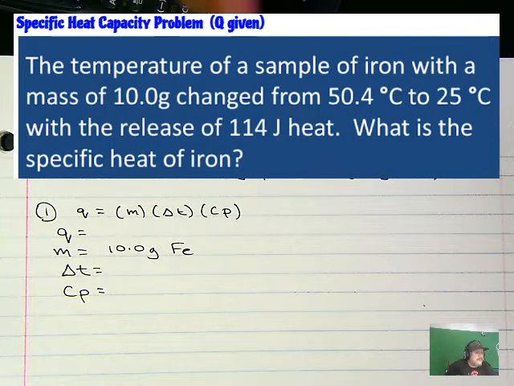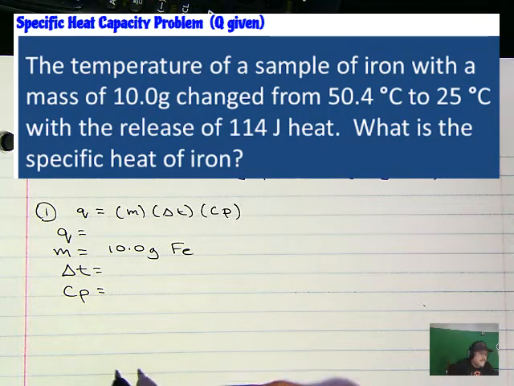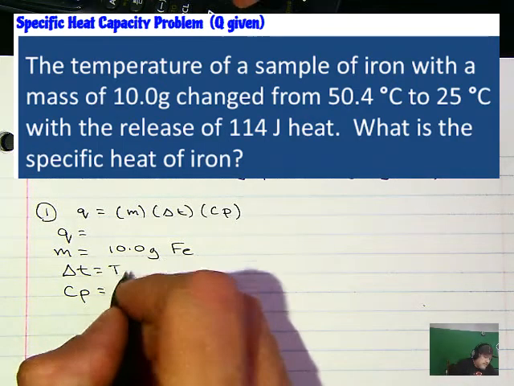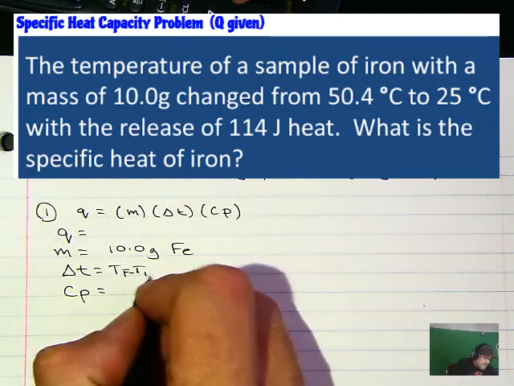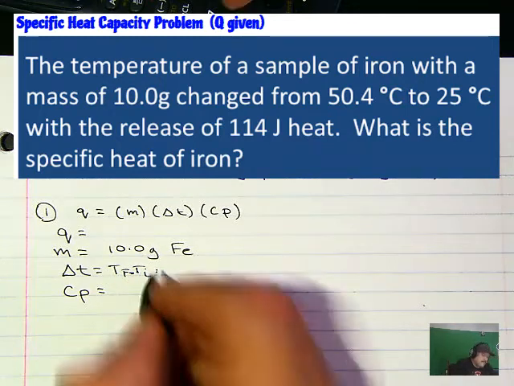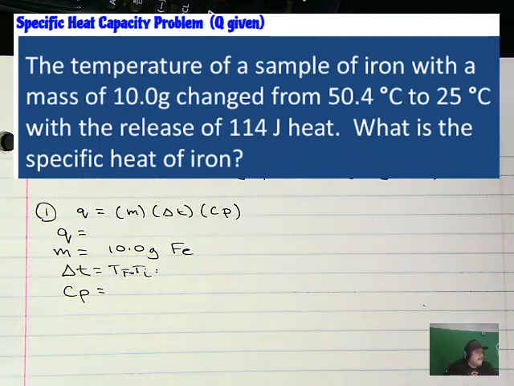Changed from 50.4 degrees Celsius to 25 degrees Celsius. So this is my temperature change. Remember, temperature change is final minus the initial temperature. TF minus TI is what that says. So from 50.4 degrees Celsius to 25 degrees Celsius, think about it.